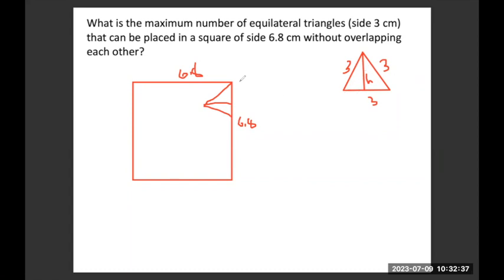Because I know the base is 3, but I don't know what the height is. Okay? This is your clue. Try solving this now.